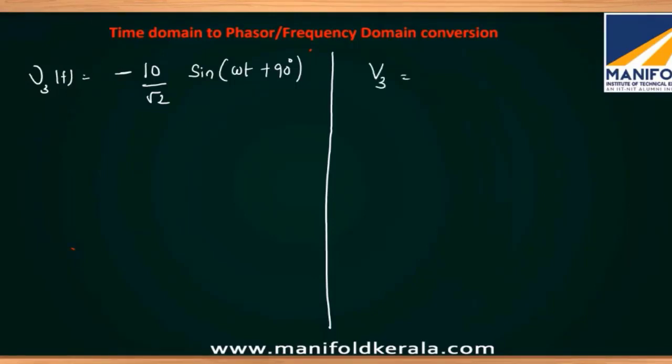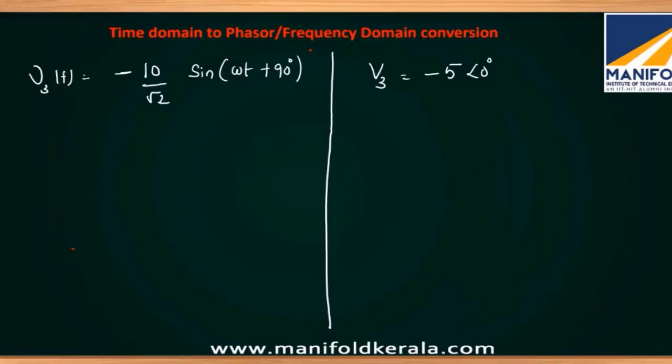Capital V3 is equal to, yes, minus 5 at an angle 0. Minus 5 at an angle 0.